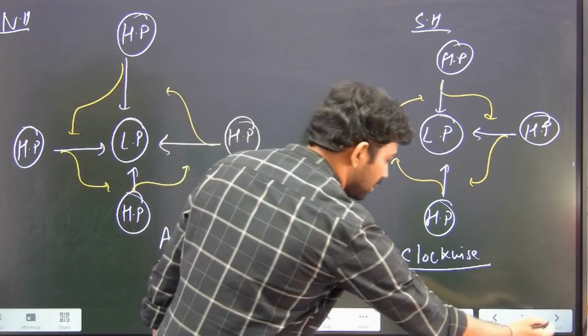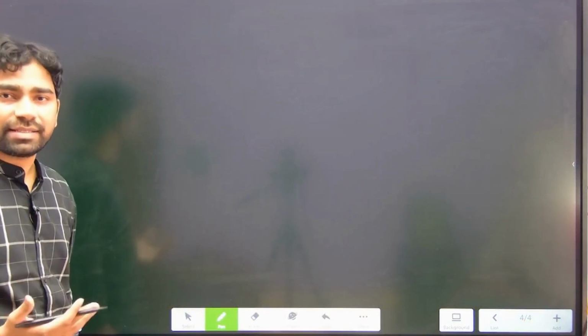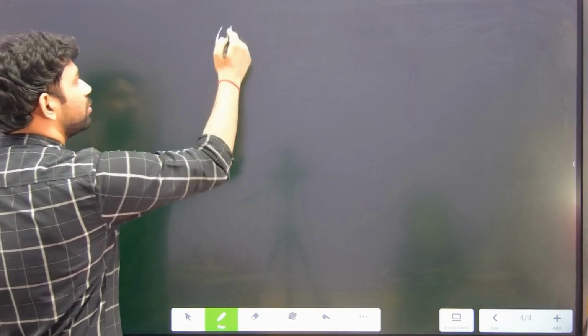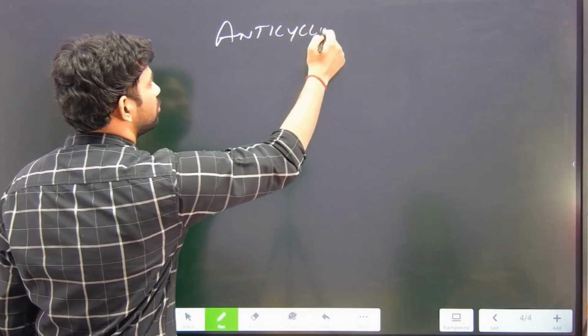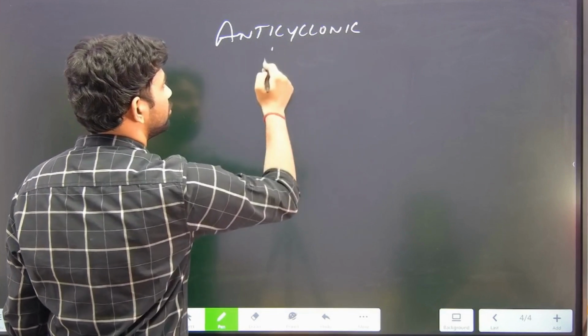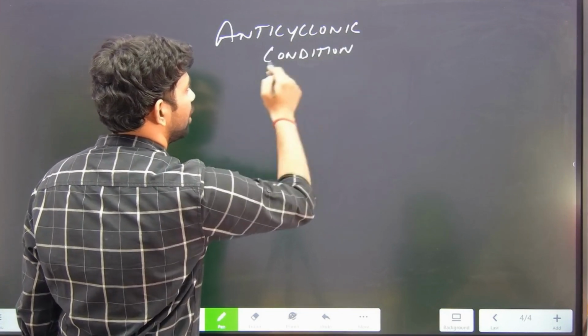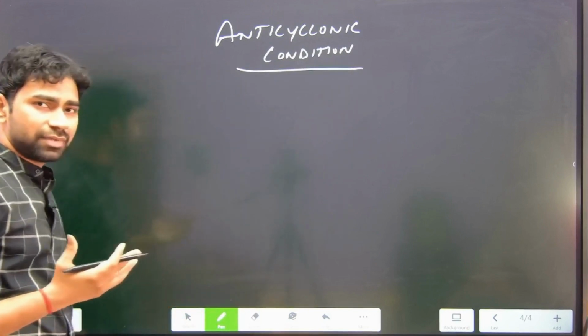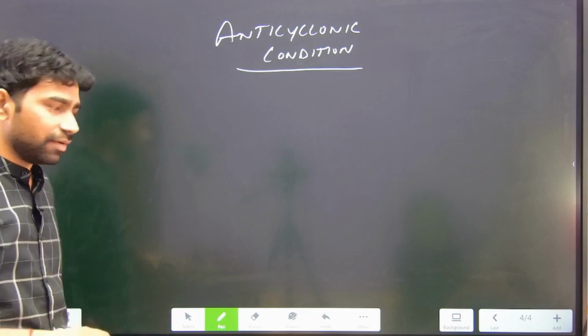Now let us see the direction of wind in the anticyclonic condition. You know that because of certain circumstances, there can be subsidence of air near the surface.